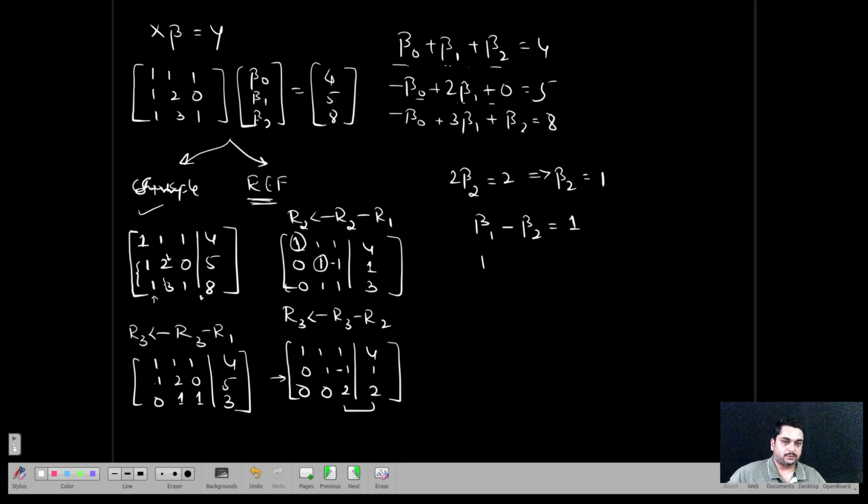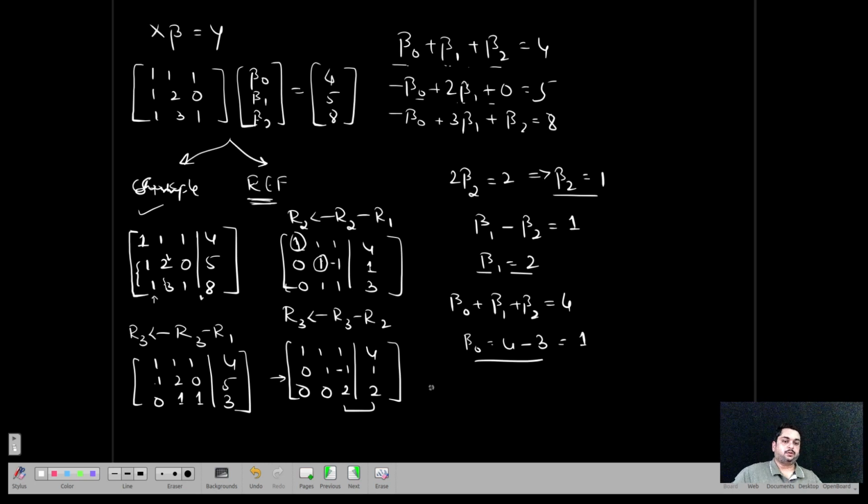So this will become beta 1 is equal to 2. Then the first equation, beta naught plus beta 1 plus beta 2 is equal to 4. So beta naught is equal to 4 minus 3, which is 1. So I got beta 1, beta 2 and beta naught.